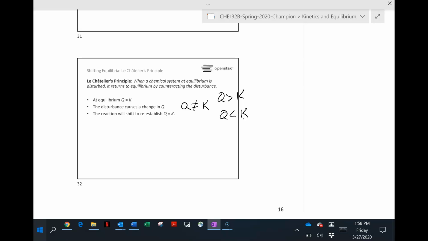Generally speaking, since Q is equal to products over reactants, if Q is less than K, we're going to shift towards the products. And if Q is greater than K, we're going to shift back towards the reactants.